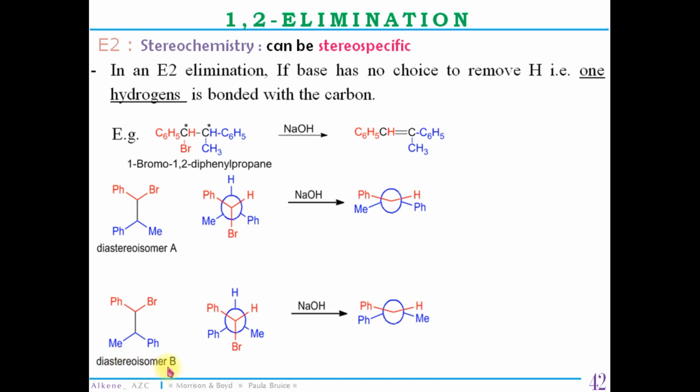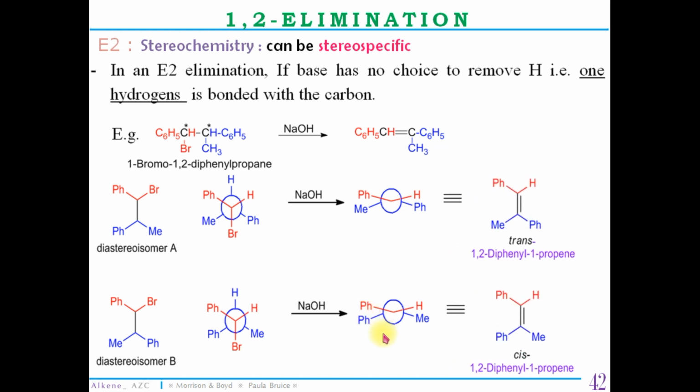While in diastereomer B, when the base abstracts hydrogen, we will get this type of alkene where the phenyl groups are on the same side. So more clearly, diastereomer A gives the trans product and diastereomer B gives the cis product.